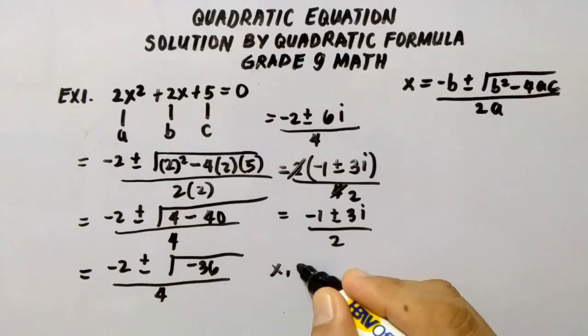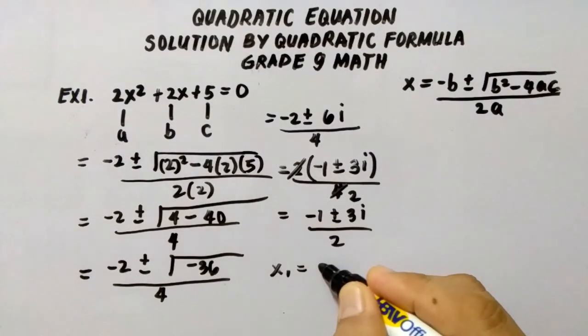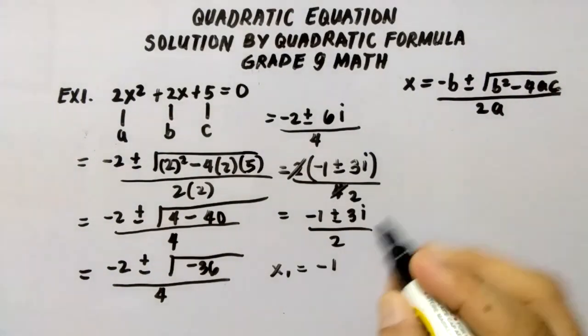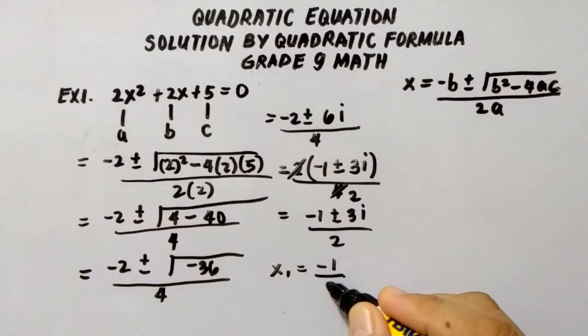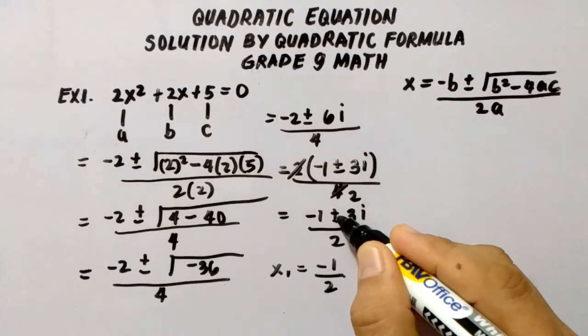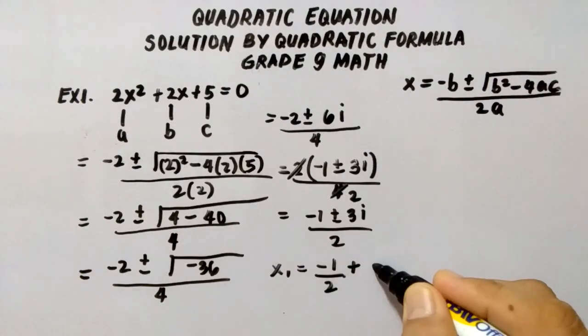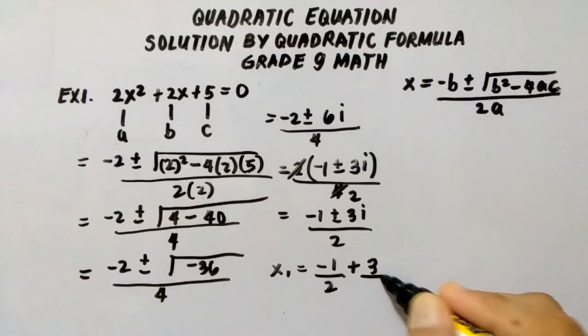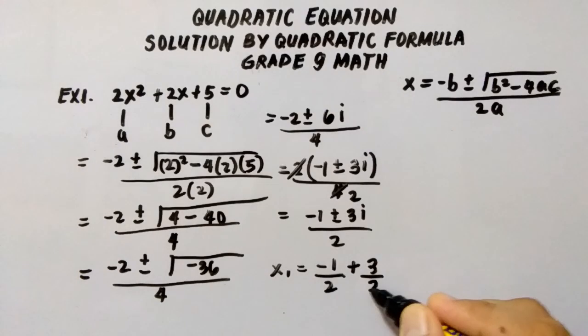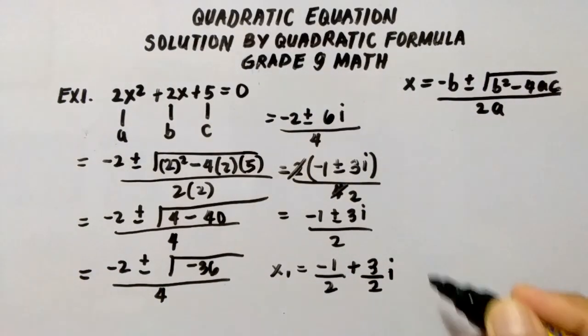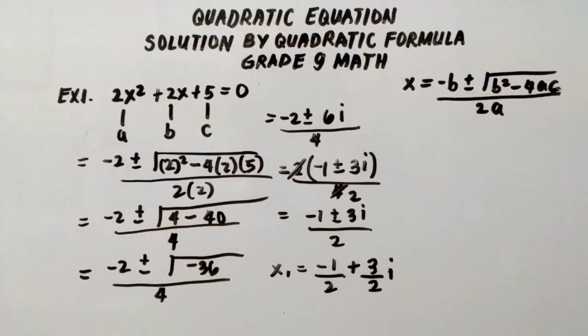Okay. So, equals, so negative 1 over 2. Then, gamitin po natin yung positive. Unahin po natin, then plus. So, we have 3 over 2. Then, copy the letter I. Okay.